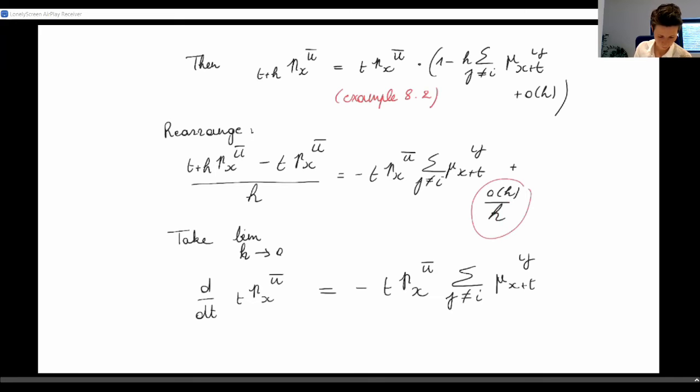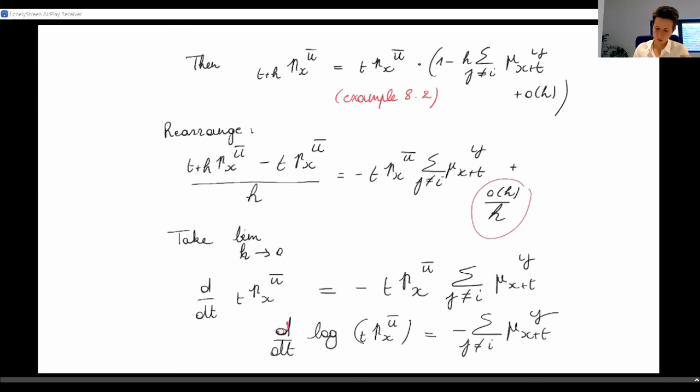If I further rearrange the expression and bring this to the other side of my equation, I'm left with the derivative with respect to t of the logarithm of tpx I bar equal to minus the sum over j of this expression.